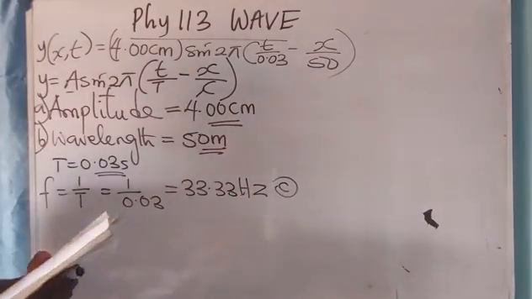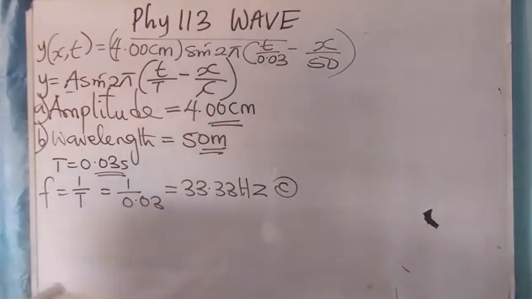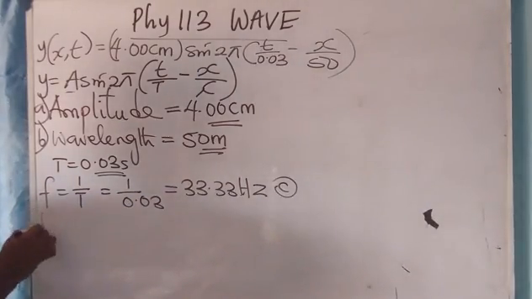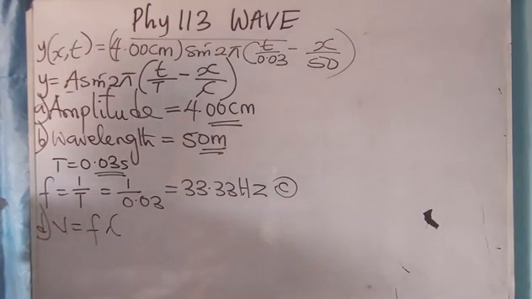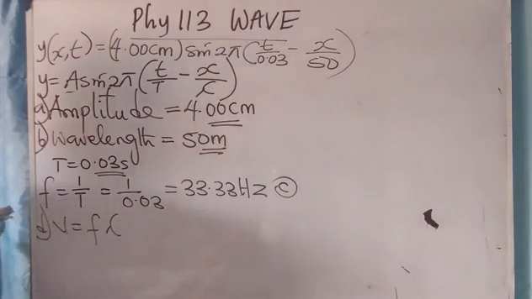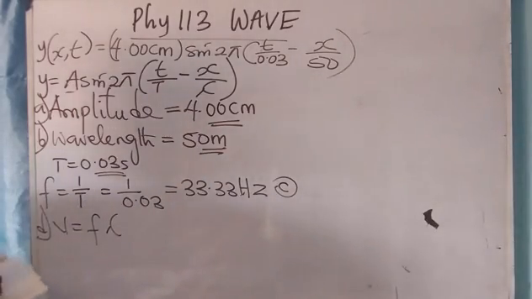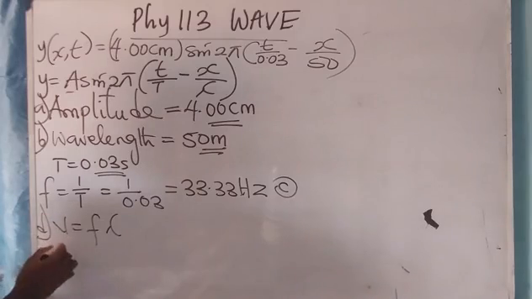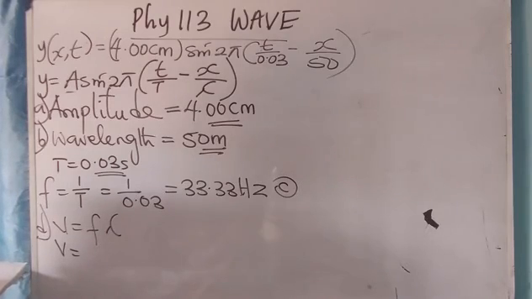Now D, what are we asked to look for? The speed of propagation, which is given as f lambda. To calculate the speed of propagation means that we are indirectly looking for velocity. Velocity is also called speed. Therefore we say V is equal to frequency times wavelength.